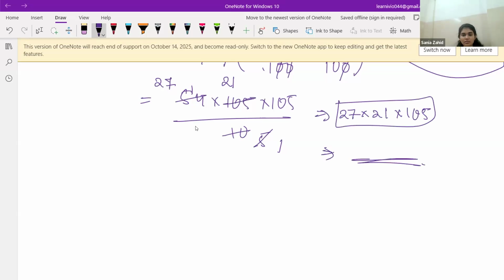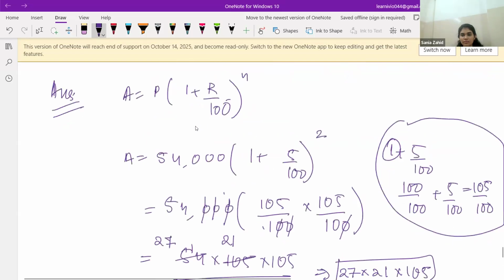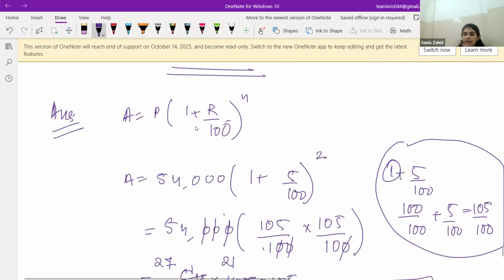Ma'am, in the first part of the question, when it was asking the population in 2003, couldn't we just find the 5% of 54,000 and then subtract it? No, no, no. See, it is not the case that it's just increasing by 5%.